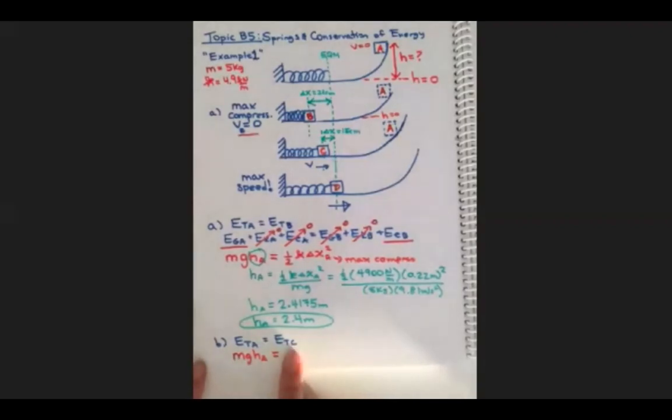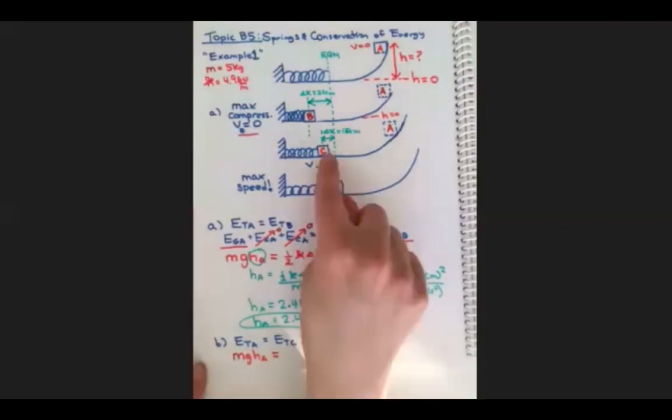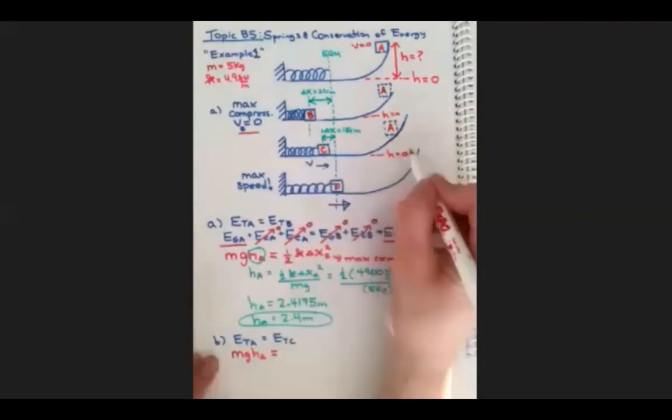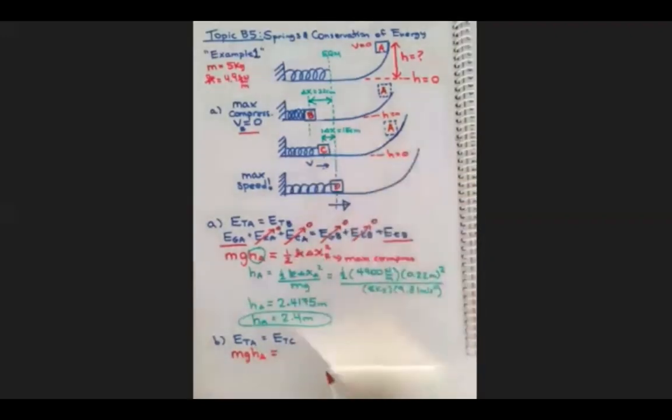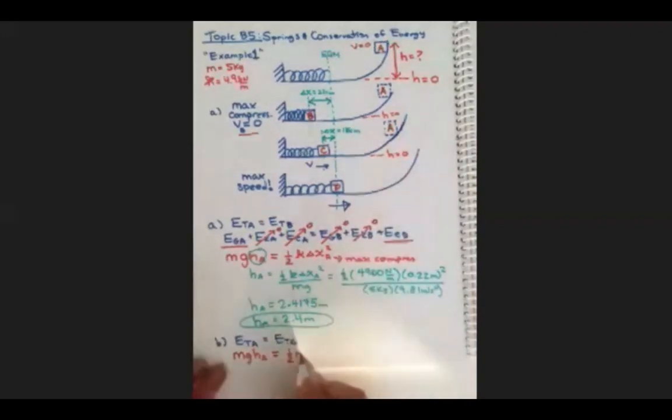We have both kinetic energy and elastic energy. Speed is not zero and compression is not zero. The only thing that is zero is our height because of the reference that we've selected. So 1/2 mass V at C squared plus 1/2 K delta X squared is going to be our statement.